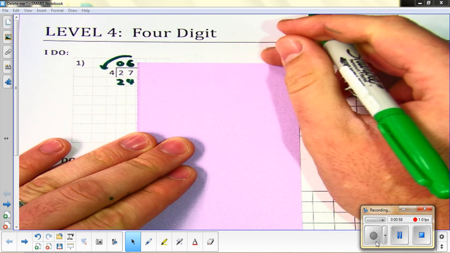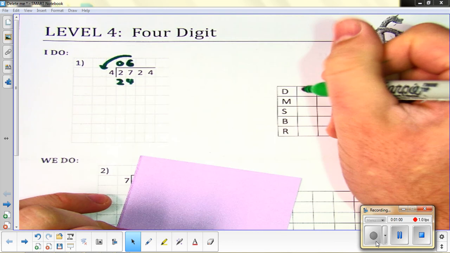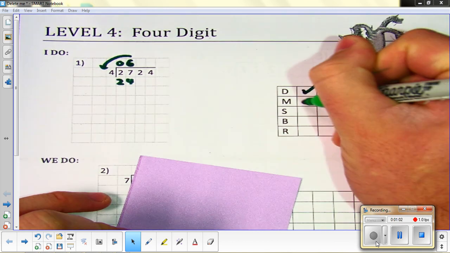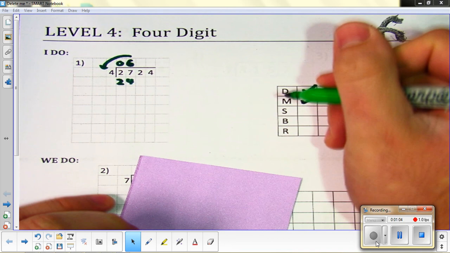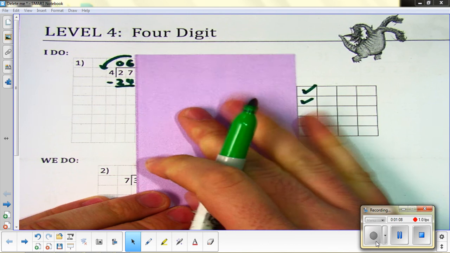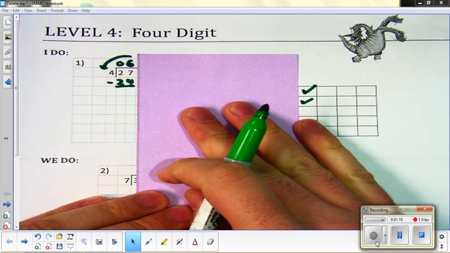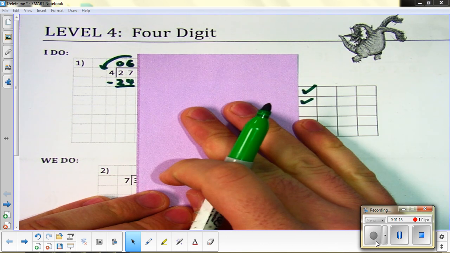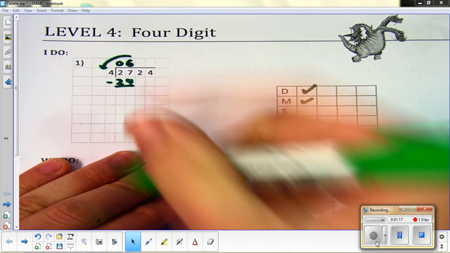Just to keep my bookkeeping, I've done my division and my multiplication. Time to do my subtraction. 27 minus 24 is 3.